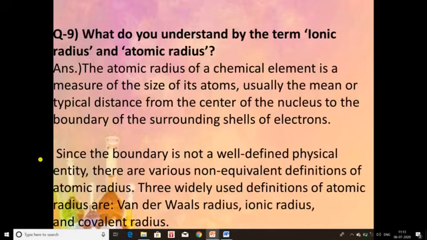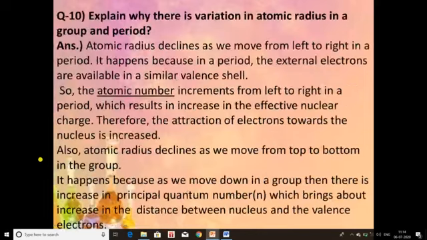Since the boundary is not a well-defined physical entity, there are various equivalent definitions of atomic radius. There are three widely used definitions: van der Waals radius, ionic radius, and covalent radius.